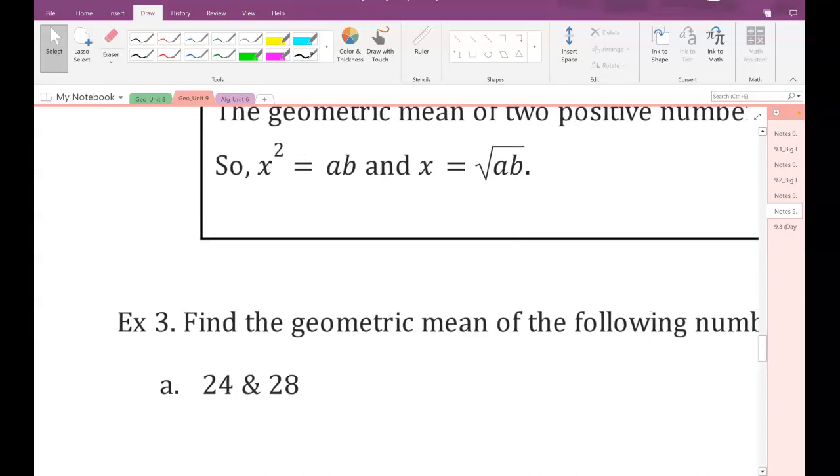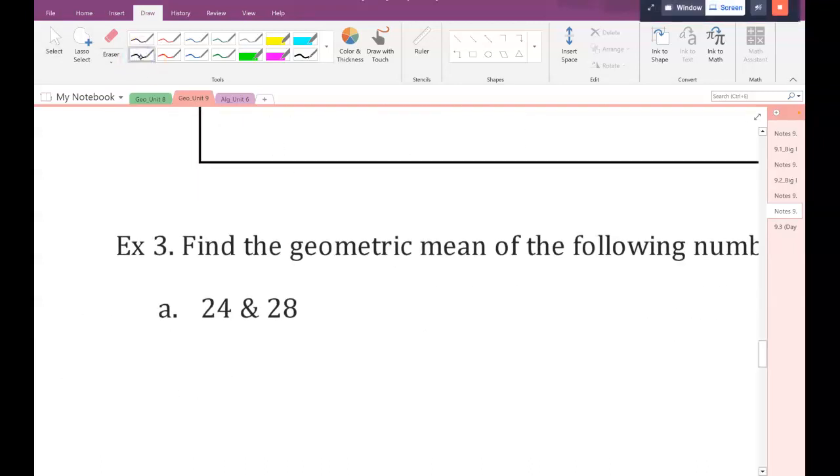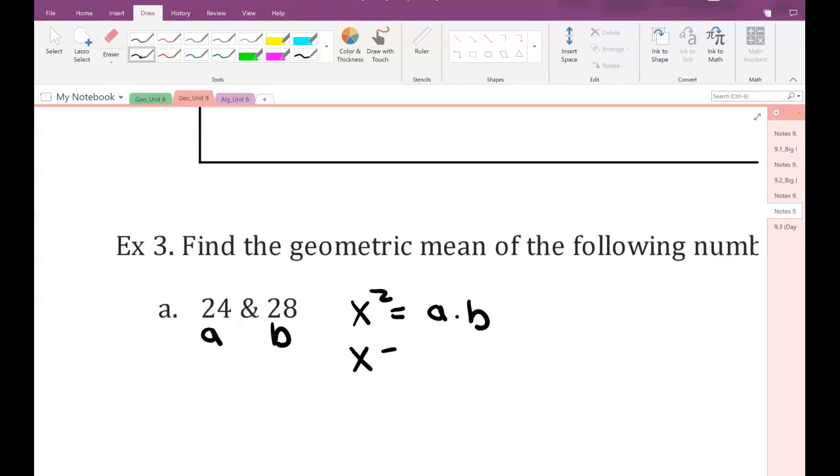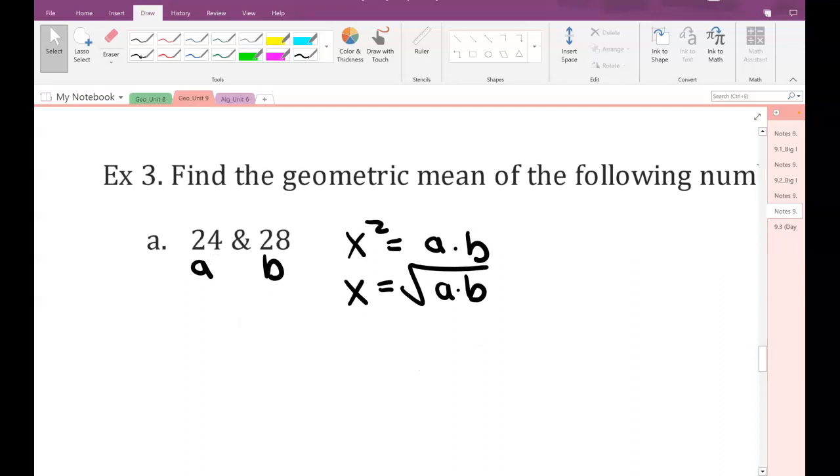So if we have 24 and 28 in this first example, this is a and this is b. So to find the geometric mean, we could say, well, x squared is equal to a times b. Or x is equal to the square root of a times b. So if we just take 24 times 28, you get 672.